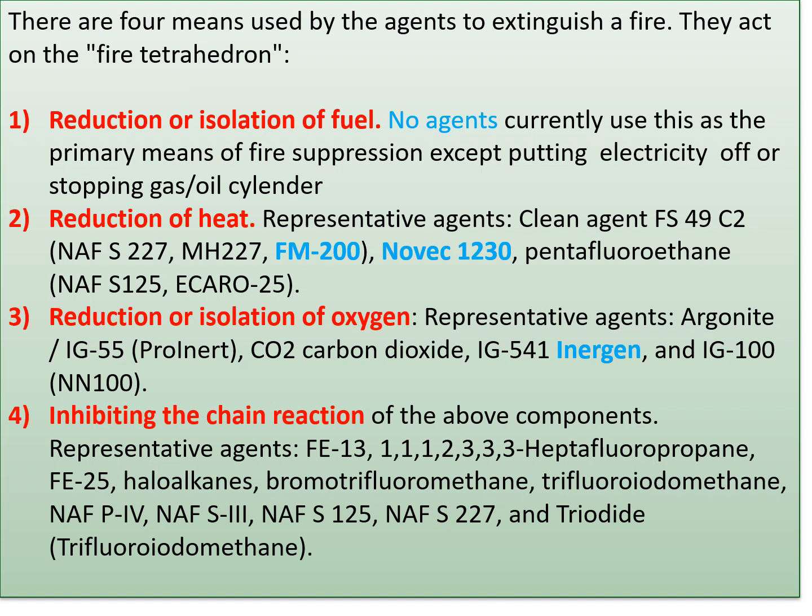The third method is reduction or isolation of oxygen. Representative agents are argonite, CO2, and IG541 Inergen systems. The fourth element of fire tetrahedron was inhibiting the chain reaction of the above components.